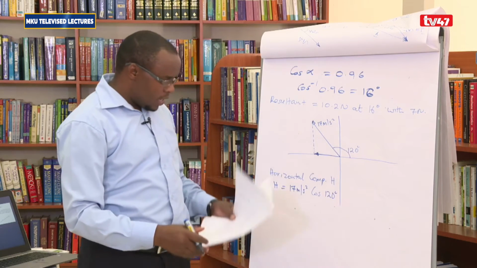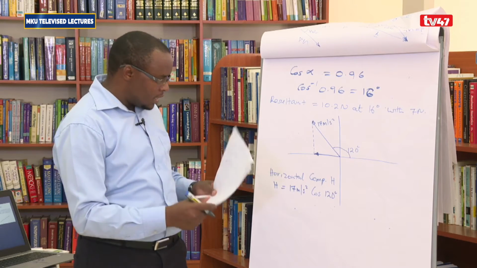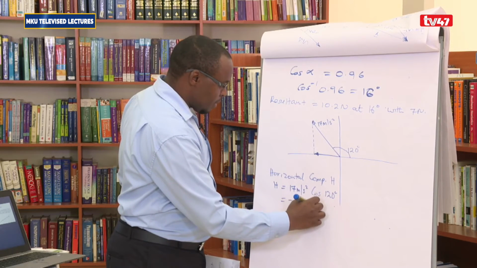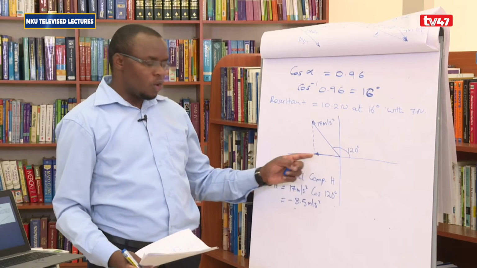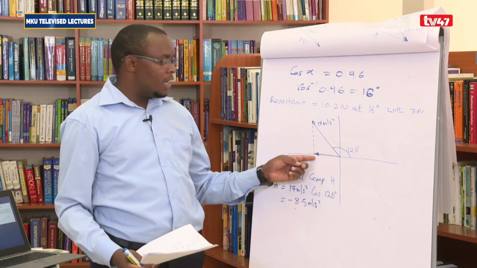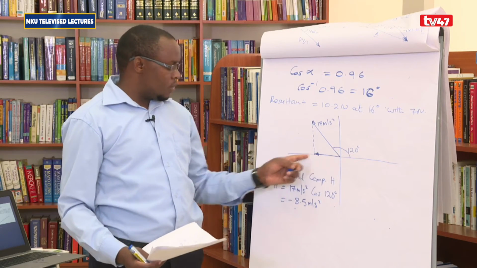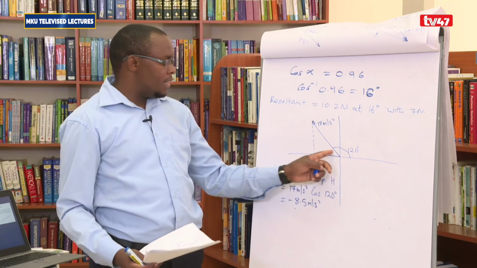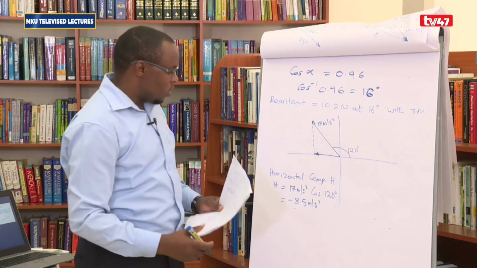This gives you negative 8.5 meters per second squared. It is negative because the vector is moving in the opposite direction rather than the forward direction. After all, if this is a Cartesian plane, these are x coordinates on the negative side. So that is the horizontal component.